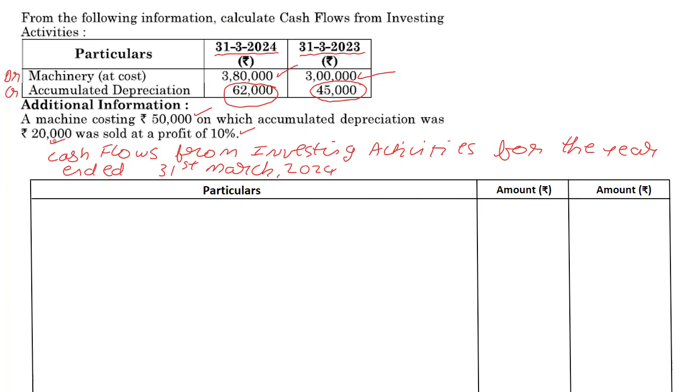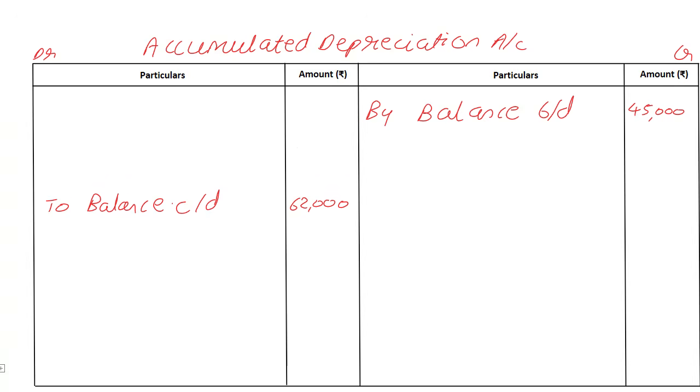So the accumulated depreciation is 20,000. We are going to send that back to the machinery account. From the accumulated depreciation account, having a credit balance, 20,000 is reducing.